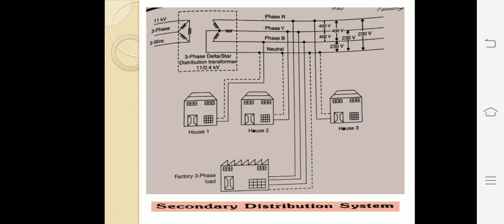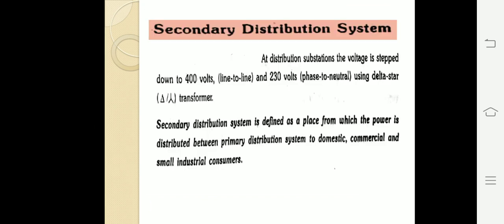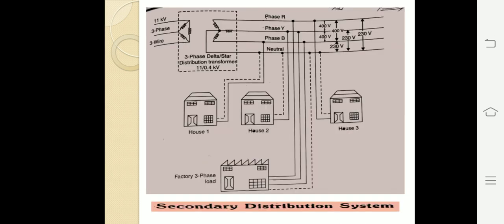The next diagram indicates the secondary distribution system. Here you can observe, as I told already, the voltage line to line, that means between two phases, is 400 volts. Between any two phases, whether RY, YB or RB, the voltage is 400 volts.